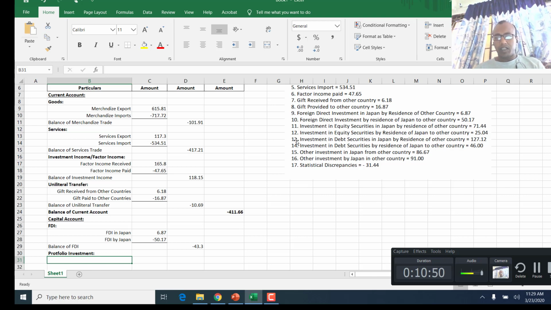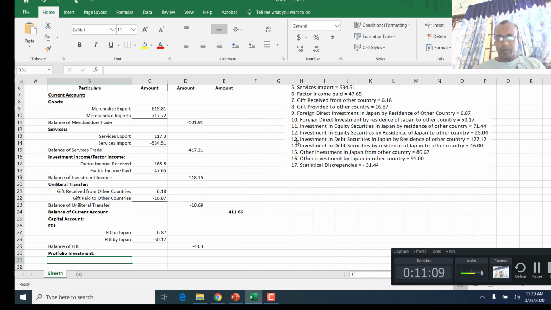Investment in equity securities in Japan by the residents of other countries, debt securities in Japan by the... so there are quite a few investments by the residents of Japan in the other countries, and investments by the others in Japan.